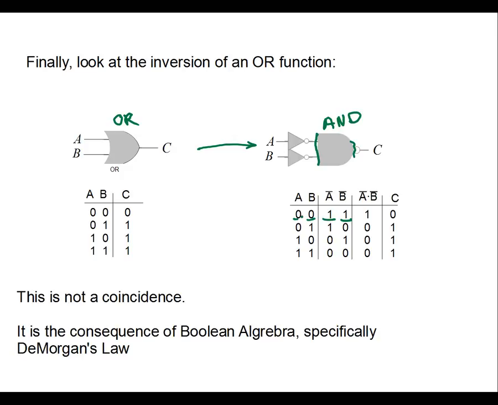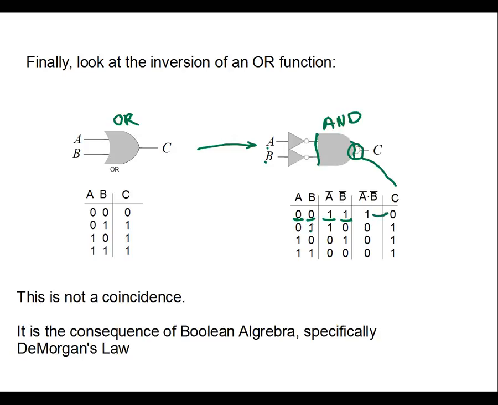So if we invert the inputs, we would take the inputs A and B and put them down here. This is the result after we invert them, and this would be A and B, and because we have a circle here, this would be the NOT right here.